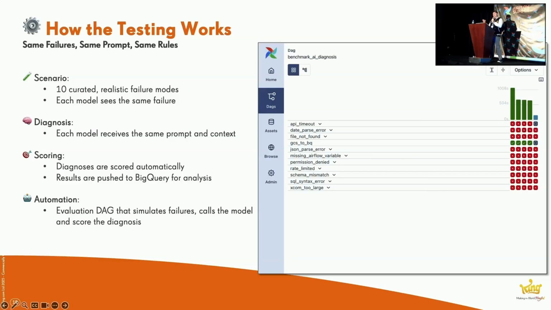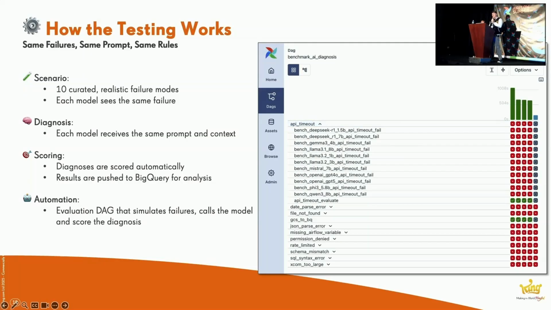Right, so how did this testing work? It's a controlled benchmark. We had the same failures, the same prompt, the same rules. Every model saw the exact same failure scenario with the same input context and prompt, and got a single shot at diagnosing it.